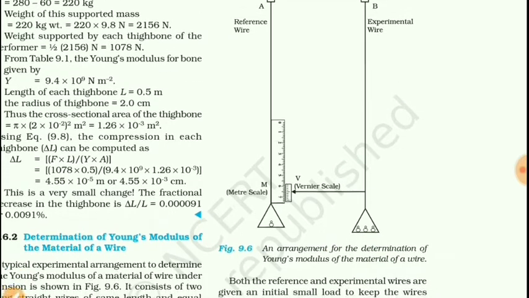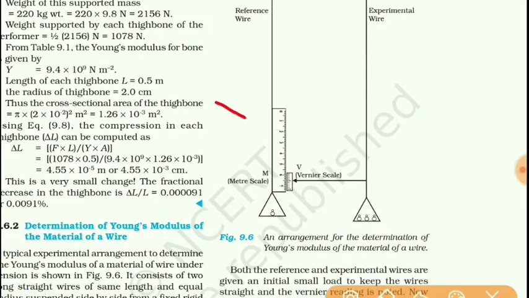Also you can see the scales are attached here. Here on this reference wire a main scale is attached, and to this experimental wire there is a pointer as well as a vernier scale fixed with it.